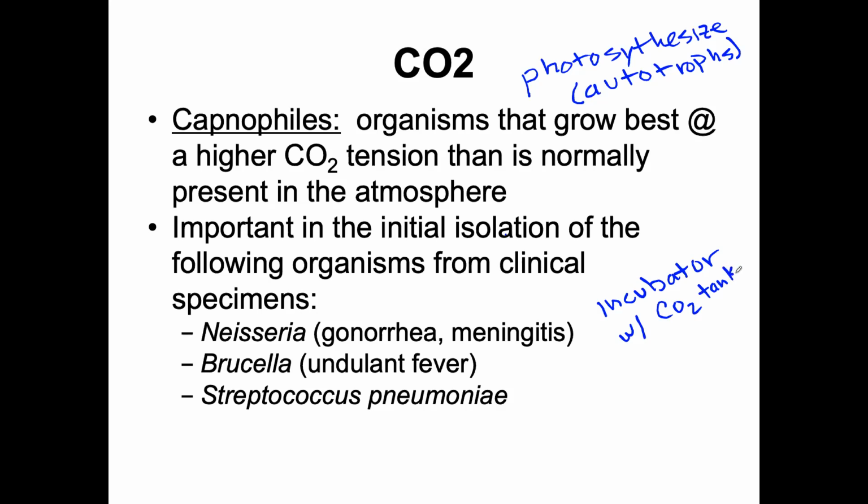Or if you don't have something like that, you can use a little interesting trick called a candle jar. So here you get a jar, just a glass jar with a lid. And you put your plates down in the bottom. They're going to grow your capnophile. They just stack. Those are plates. And then you put a candle on top and you light the candle with the lid on.